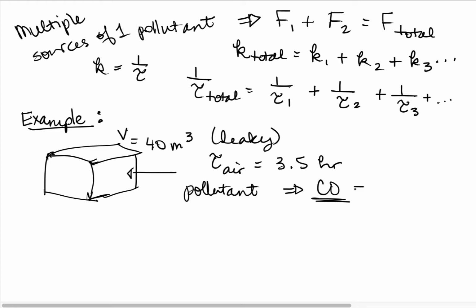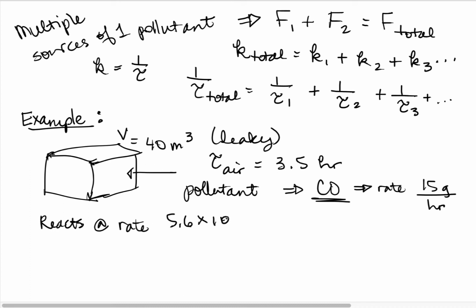So let's imagine that this is being produced at a rate of 15 grams per hour. That means that we have this rate at which this material is coming into the garage. But carbon monoxide is a fairly reactive gas, so it reacts at a rate of 5.6 times 10 to the minus 5 per second.